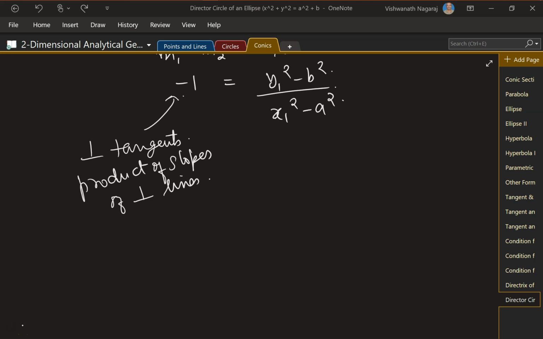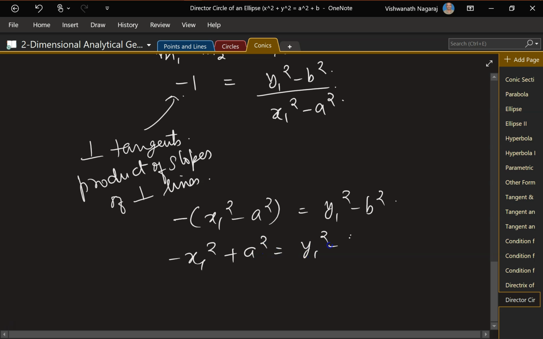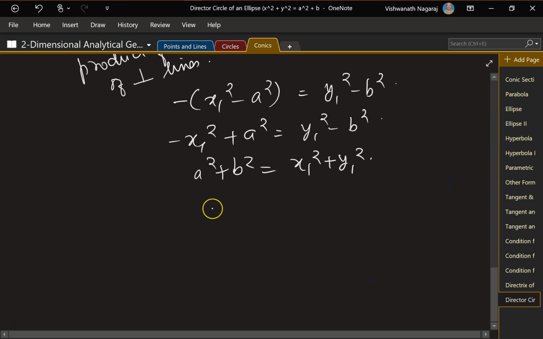So now let's simplify this. Minus (x1 square minus a square) is equal to y1 square minus b square. Minus x1 square plus a square is equal to y1 square minus b square. So a square plus b square is equal to x1 square plus y1 square. Or let's reverse this: x1 square plus y1 square is equal to a square plus b square.